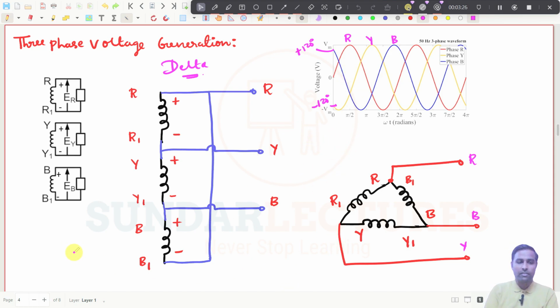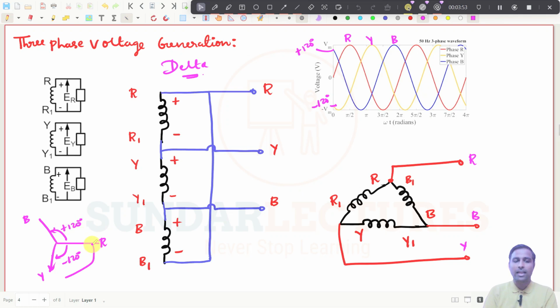Maybe I will draw here. If this is R, then Y will be here, and then B will be here. That's all. So if this is R, if this is Y, and if this is B, then obviously this will be 120 degree, which means this is in negative, so minus 120 degree. Then this will be plus 120 degree.